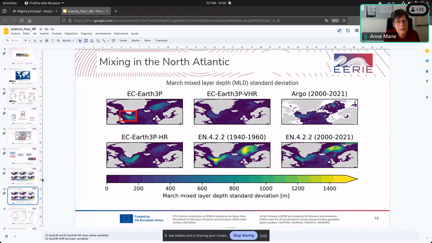Yeah, okay, but still the EC-Earth very high resolution has less standard deviation than EN4 for the recent years, for example. So there may be perhaps too much decadal variability in the low resolution, but perhaps some missing in the high resolution. There is one mismatch there that I see. In the simulation we are computing the standard deviation with 76 years, and in EN4 it's considering only 20 because we wanted to center around 1950.